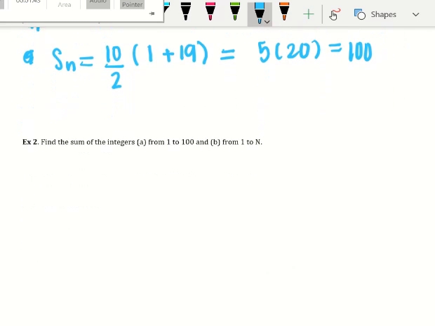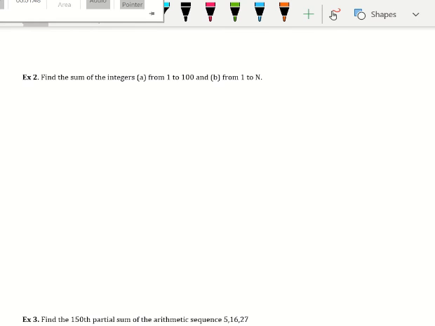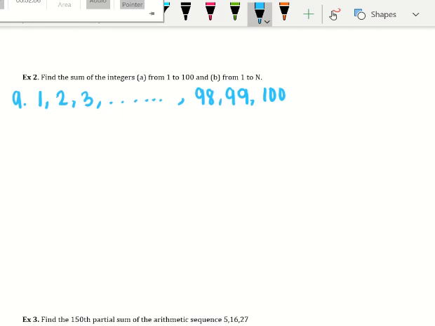All right, the next one is find the sum of all the integers from 1 to 100. So those we are not going to write out, but I could just kind of say 1, 2, 3, and we could say 98, 99, 100. So I need to find the sum of all those terms.